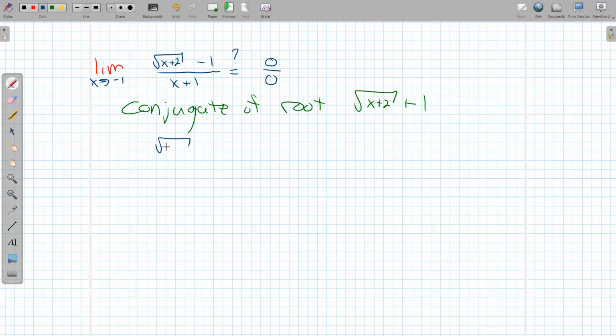So we've got the square root of x plus 2 minus 1 over x plus 1, and we're going to multiply that by the fraction that has the square root of x plus 2 plus 1 in the top and the square root of x plus 2 plus 1 in the bottom. This fraction is equal to 1, so I'm multiplying by 1, which doesn't hurt this function; it keeps it equivalent.